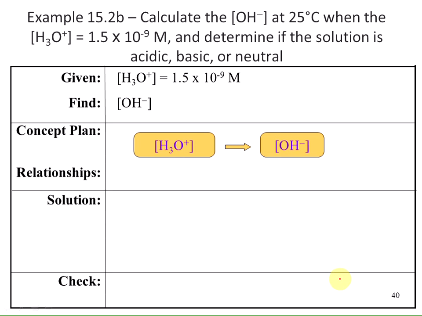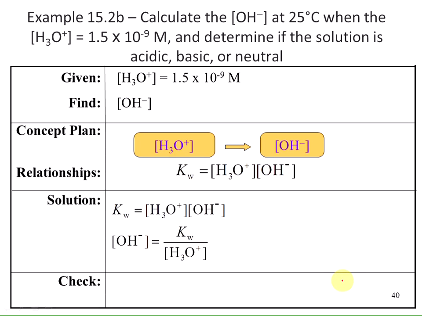There's a relationship between them using the ion product of water: Kw equals the hydronium concentration times the hydroxide concentration. Since we know the hydronium concentration and Kw is a known value we can look up, we can solve for the hydroxide concentration.